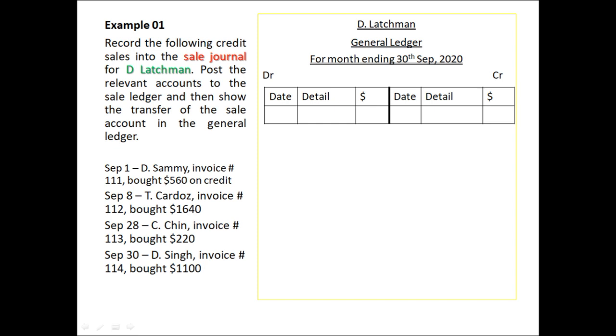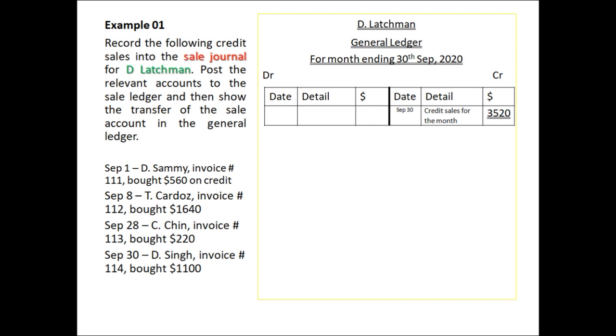We draw up our T account and we ask ourselves, this is our account we are creating here, so are we giving out goods, or are we receiving anything? Are we receiving cash for the goods that we're giving out? No, we're giving it on credit. So we cannot place anything on the debit side because we're not receiving cash. But we are giving out some of our assets on credit, so we are losing goods there. So we need to record it on the credit side in our T account.